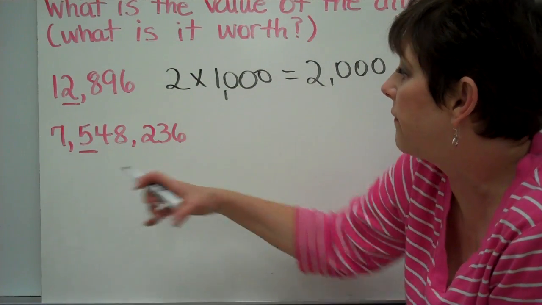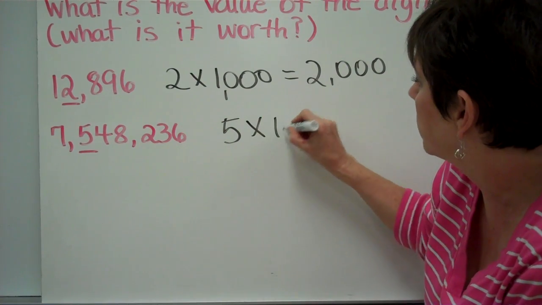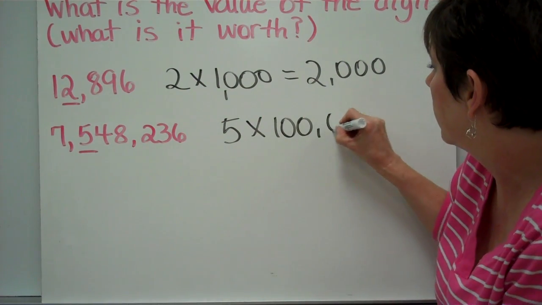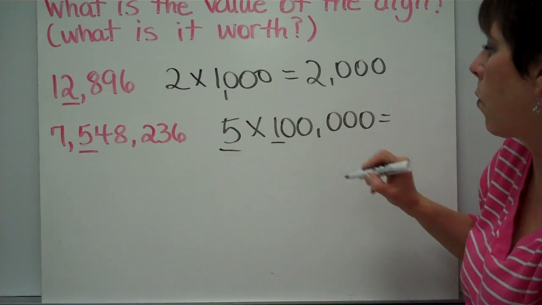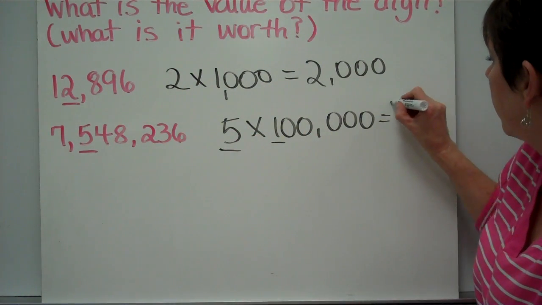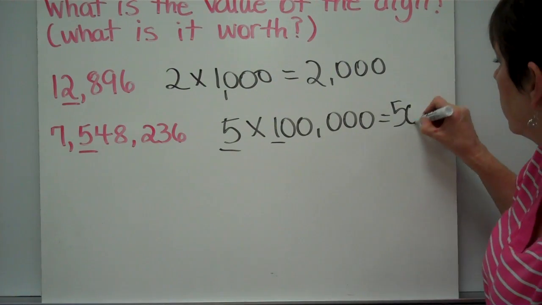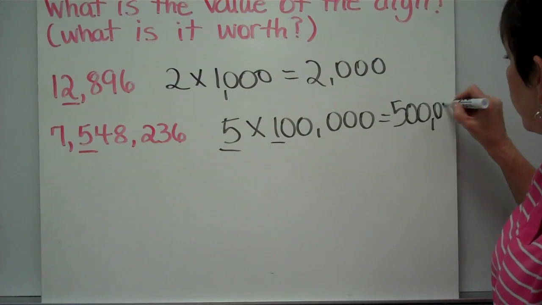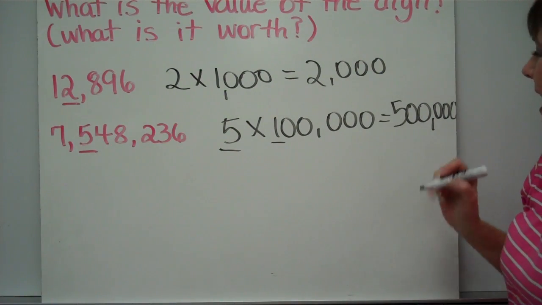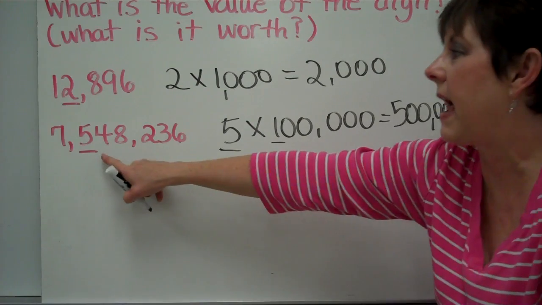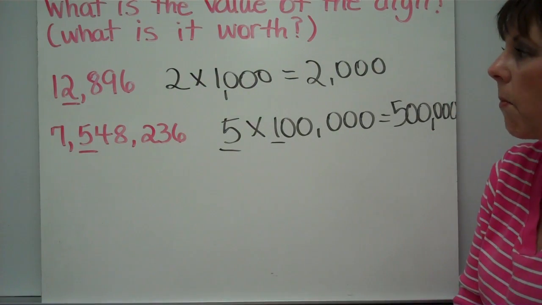And because it is a 5, we would write 5 times 100,000. 5 times 1 is 5. And then we have 5 zeros. About ran out of room. 500,000. The value of the 5 here is 500,000.